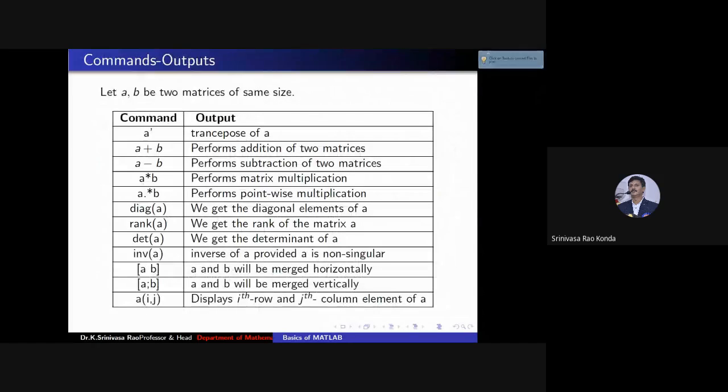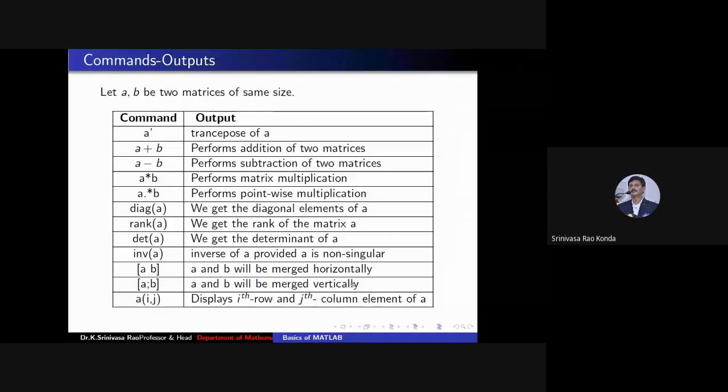If you want to find the transpose of A, if you want to perform addition of two matrices, A plus B, A minus B, A star B, A dot star B performs pointwise multiplication. We get the diagonal elements of A, rank of A. We get the rank of the matrix, det A gives the determinant, inverse of A. A and B will be merged horizontally, A and B will be merged vertically.